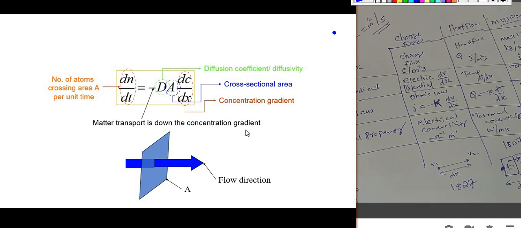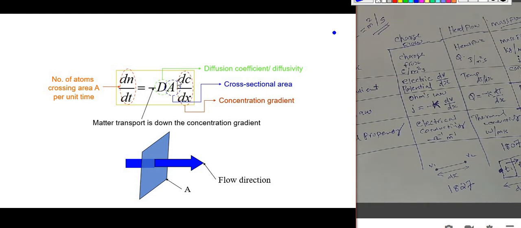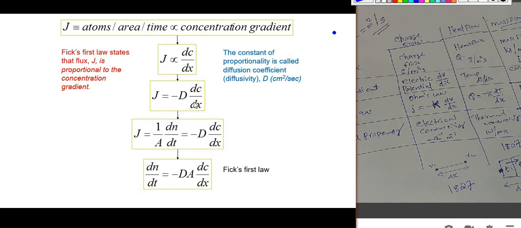A is the cross-section area, and dC by dx is the concentration gradient. So this is the equation we can derive from Fick's law, J is equal to minus D into dC by dx, the governing law for diffusion.